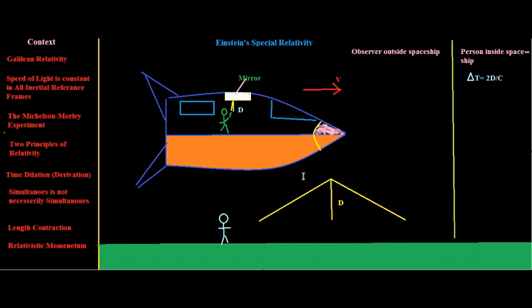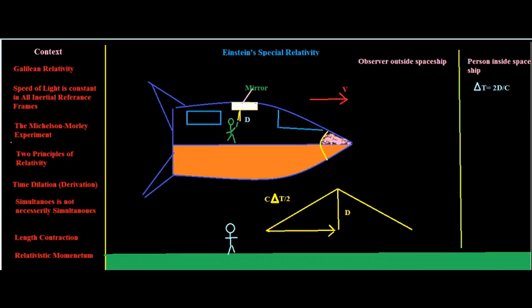We could write the distance from here to here, which is half the cycle, to be c change in t divided by 2. For the person outside the spaceship, he sees the light still traveling at the speed of light, and for the whole cycle, this plus this, would be c change in t.